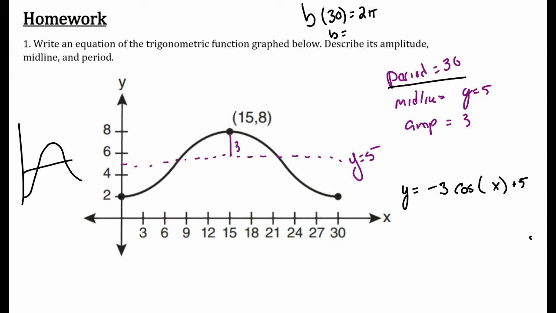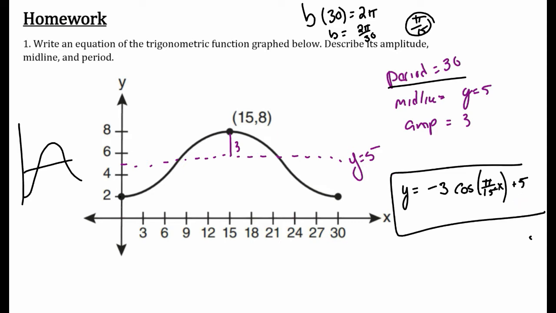So b equals 2 pi over 30, which is pi over 15. Pi over 15 is the frequency. That's the number that goes in my equation. So negative 3 cosine of pi over 15x plus 5. That's the equation for this trig function.